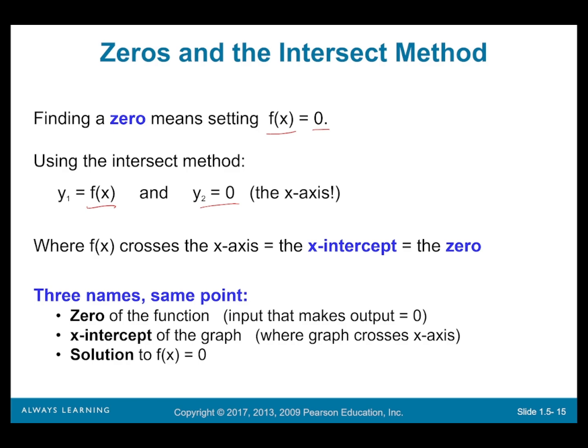So now we're kind of left with 3 names describing the same point, and I just wanted to throw that together for you guys, where whenever we're talking about the 0 of a function, that's the same thing as the x-intercept on a graph, which is the same thing as the solution to f of x equals 0. So I can ask it to you 3 different ways at this point, and you have to give me the same answer: set it equal to 0, and solve for x.